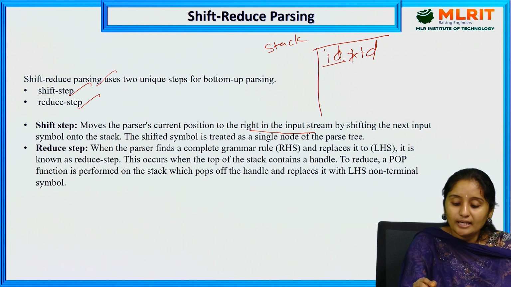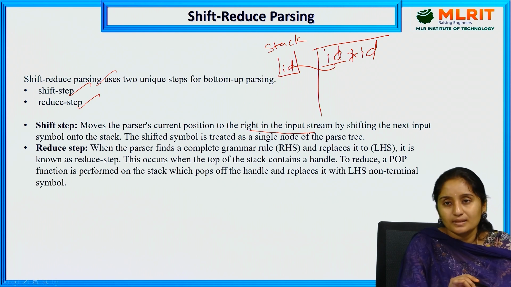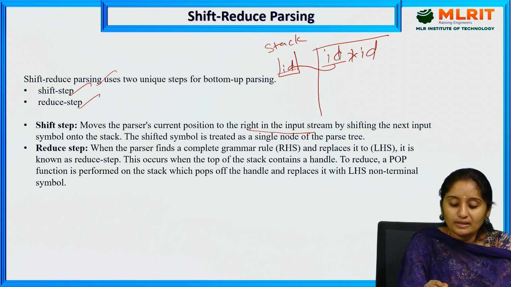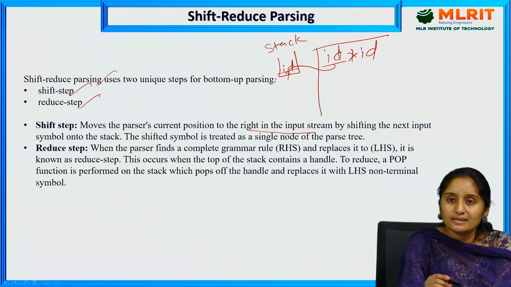First I need to shift from the left hand side. I need to shift this ID to the stack. Where do I shift the ID? At the top of the stack. Initially the stack consists of $, as the stack is empty. Then I shift this ID to the top of the stack.